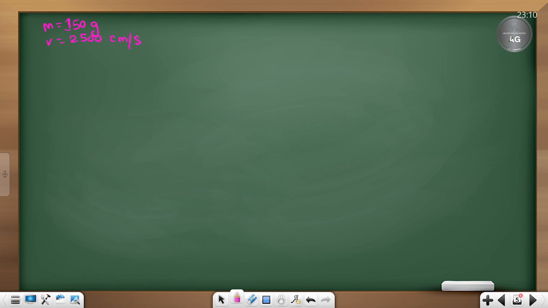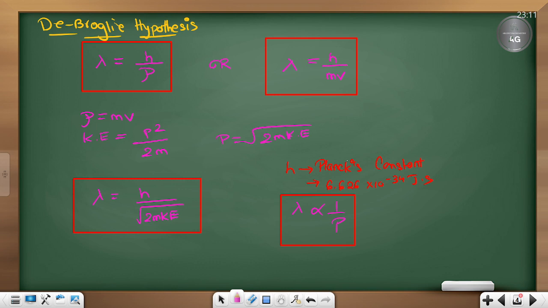The wavelength will be h by mv, right? So h I will consider as 6.626 into 10 to the power minus 27, divided by 2500 into 150. Why is it minus 27? Just now I wrote minus 34. Then why did it become minus 27?